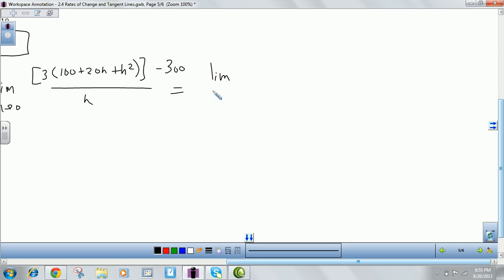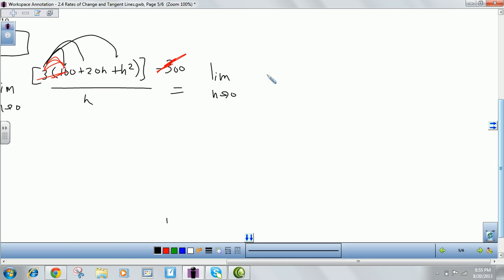So again, the limit as h approaches 0, simplifying all this, if you distribute that in, you'd have 300, 60h, 3h squared, and you notice the 300 and the negative 300 cancel. When you take 3 times 100, that's 300, that'll cancel with that, so those are gone.